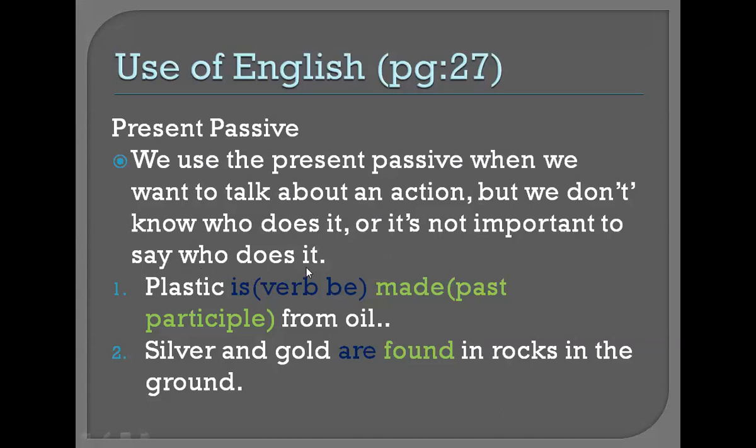Okay, it's not important to tell who does it. First example is, plastic is made from oil. Now, what is it? Verb be. Made is the past participle.